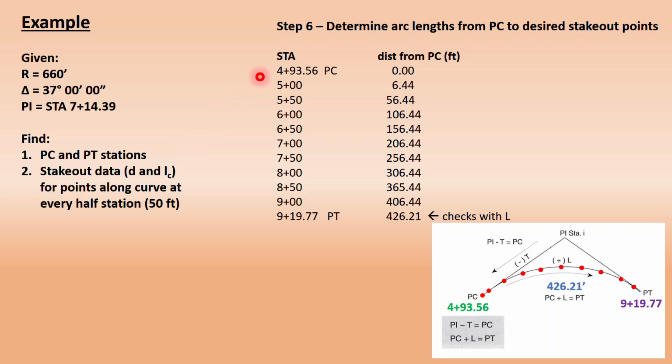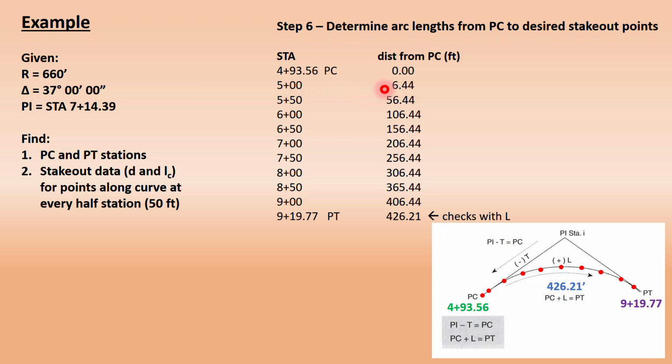But first, we determine the lengths along the arc from the PC to the stakeout points, and we want to go every half station. So you don't just want to jump in 50 feet right away from your first random PC station. You want to determine how many feet it is to get from there out to your nearest whole station. And if we're going from 4 plus 93.56 out to our first whole station would be 5 plus a pair, that's 6.44 feet.